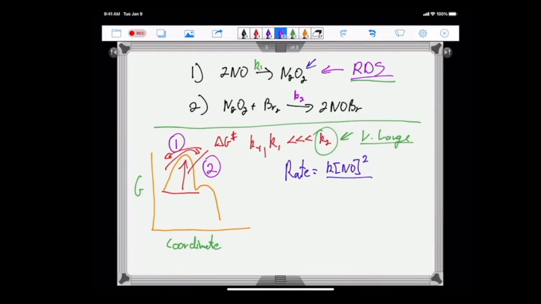But let's go back to the steady state rate equation for a second. We've derived this because we knew the first step was slow, and we've applied that simplification that we discussed at the beginning of today's class. If we show the steady state rate equation again, the one we just solved, rate is equal to K1, K2, NO squared, BR2, that's the numerator, over K minus 1 plus K2 BR.